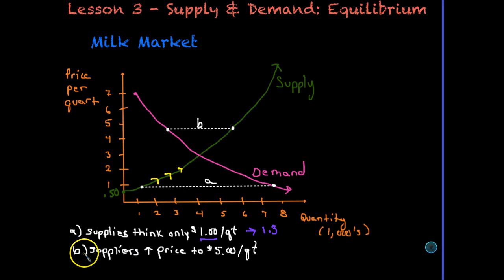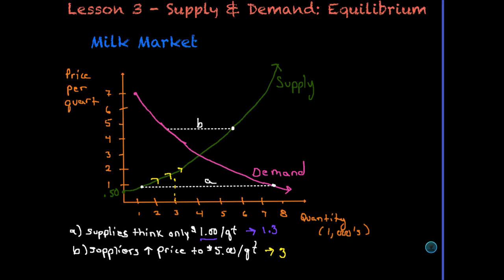So let's look at what happens here in B. After this first incident, suppliers think, wow, we have this huge demand, so we're going to increase the price to $5. They think they're going to get $5 now for a quart. If we look right here, we've got our $5. So what are we supplying here?